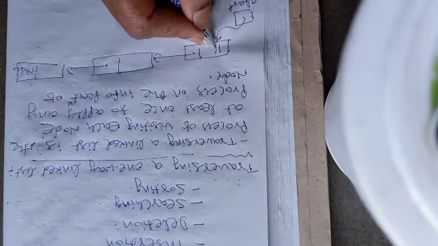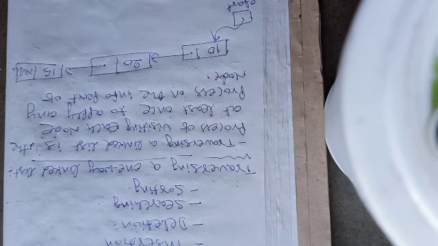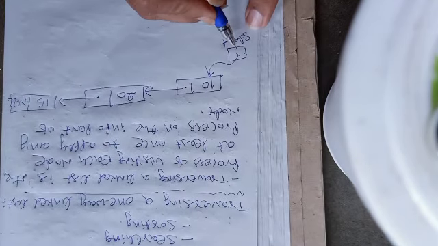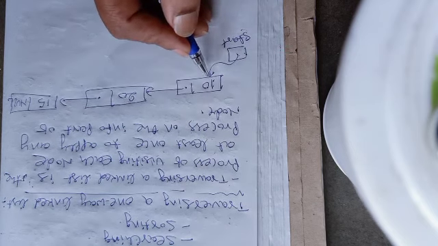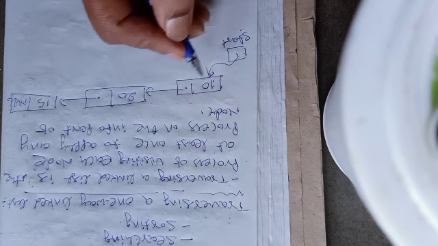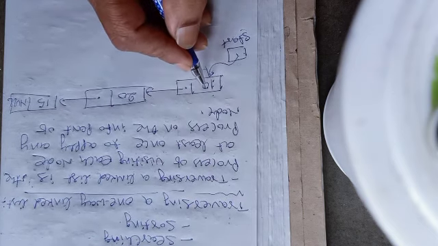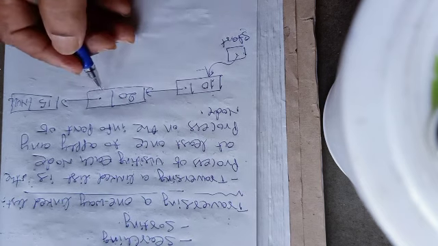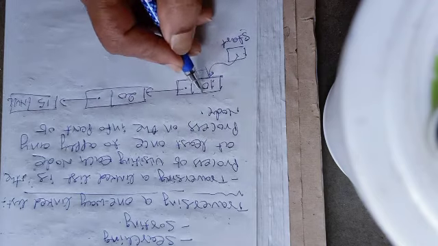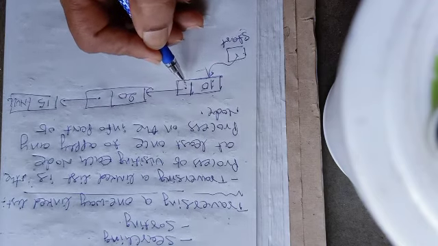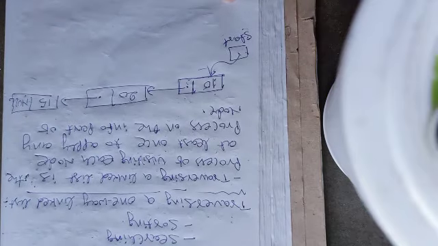Let us assume these are the data items in the info part. Traversing the list means from the variable start we get the address of the first node, then we process its info part, then we find the address of the next node. We get the address of the next node from the first node itself, because in its link part there is the address of the next node, and when we reach null our traversing is complete.